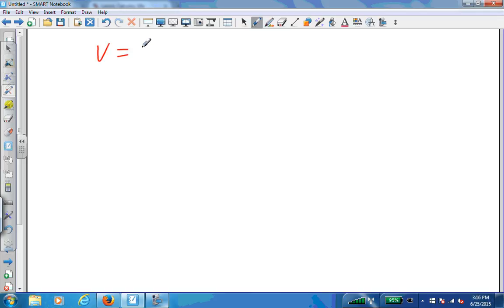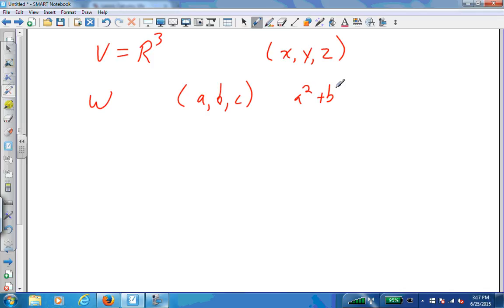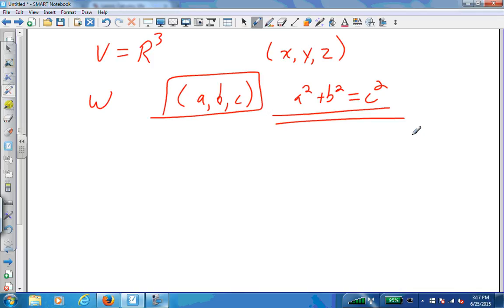Let's say V is R3, so X, Y, Z. Let's show that W, which is the set of Pythagorean triples, A squared plus B squared must equal C squared. So W is made up of the sets of ordered triples such that A squared plus B squared is C squared.